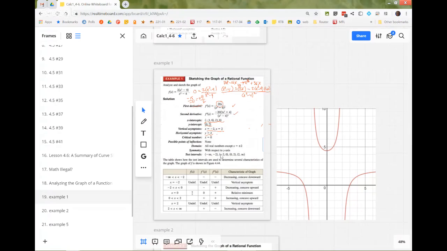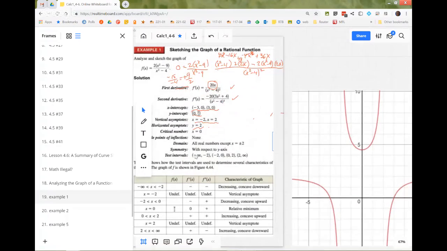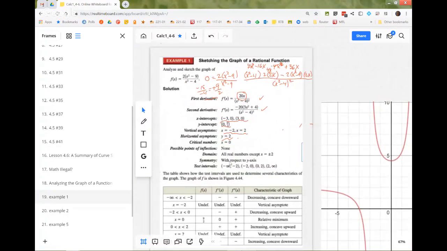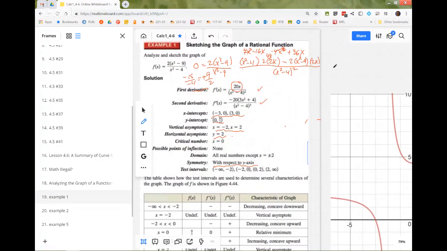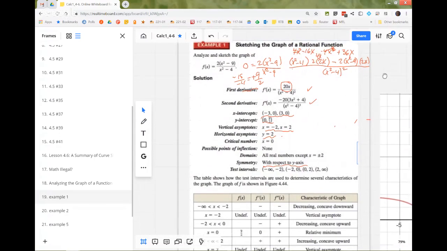So anyway, the whole idea is when you get strange functions, we didn't use symmetry, did we? They didn't use, oh yeah, they did. Why does it have symmetry with respect, here we are right down here. Where did they get that from? Remember how to do symmetry? It's been a long time.